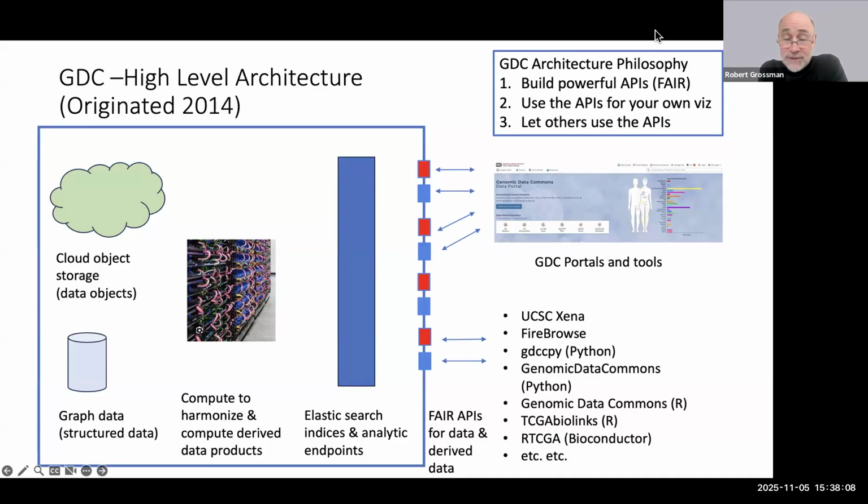We clean, curate, and harmonize data. Then we make it available in Elasticsearch. And importantly, we put this all through FAIR APIs and created an ecosystem around the FAIR APIs long before anyone on the street or at your cocktail party talked about FAIR APIs. So this is the core architecture: storage, compute, Elasticsearch, and APIs.